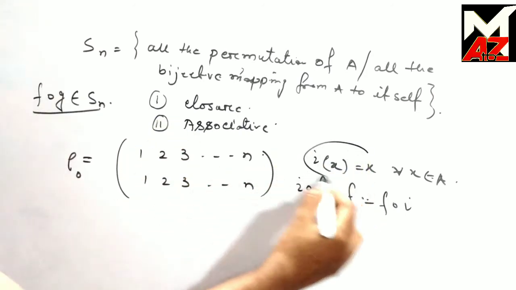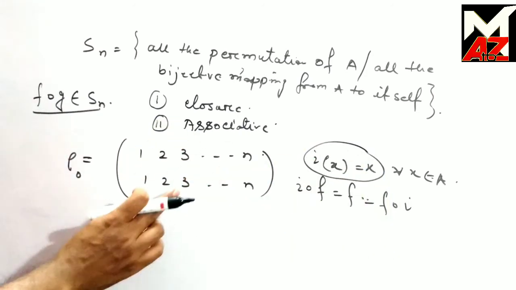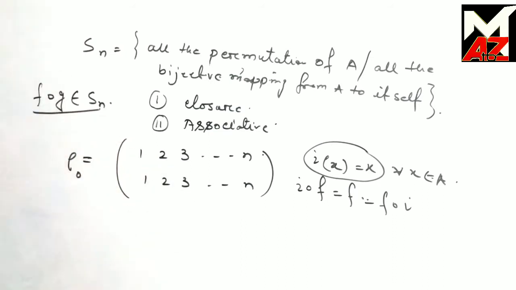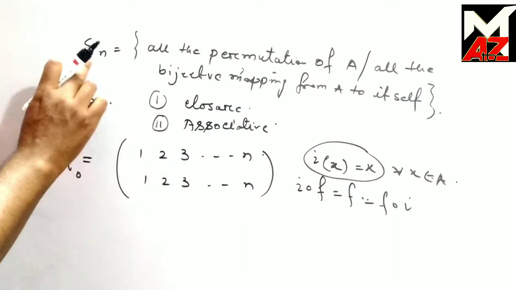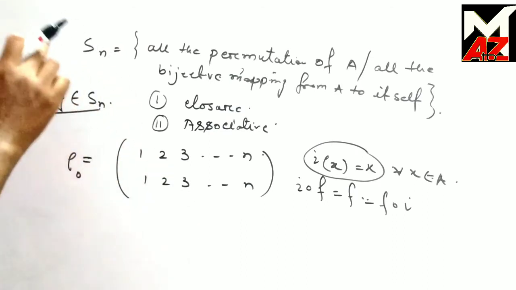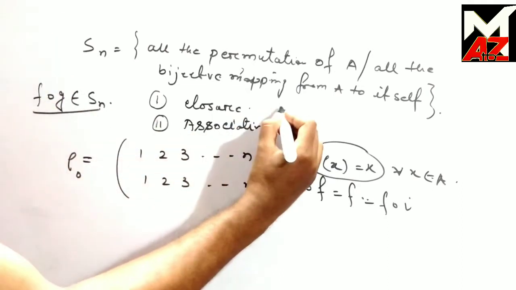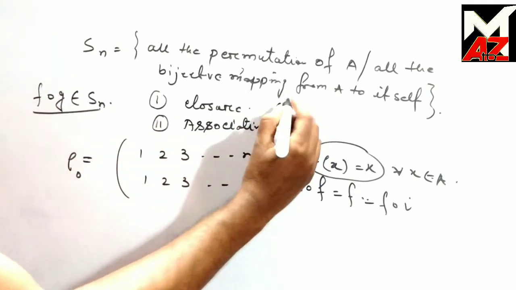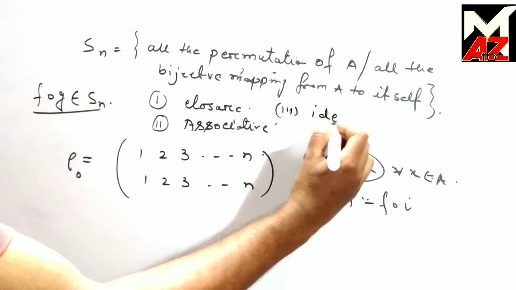So I is the identity element, and this is the identity permutation also. So the identity element of this set exists. So the third property, identity.